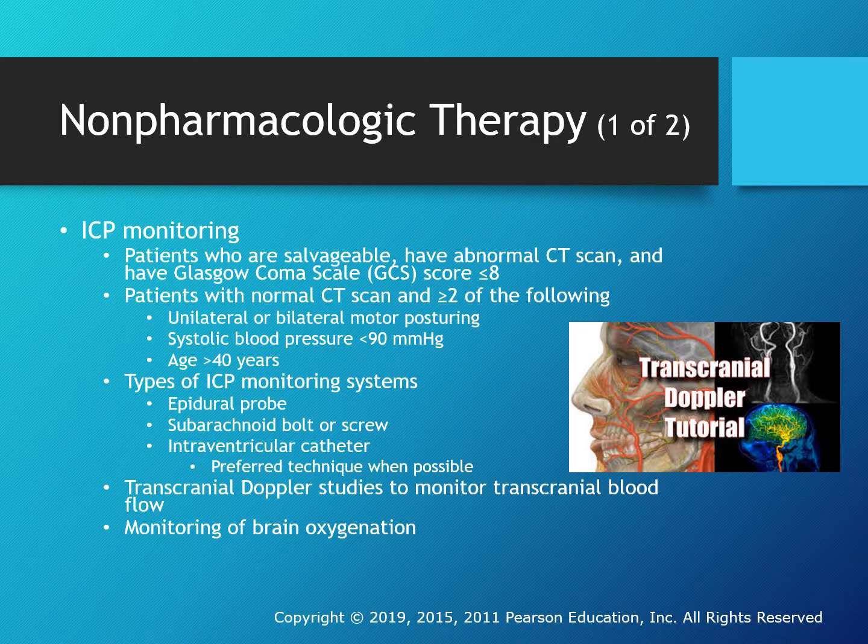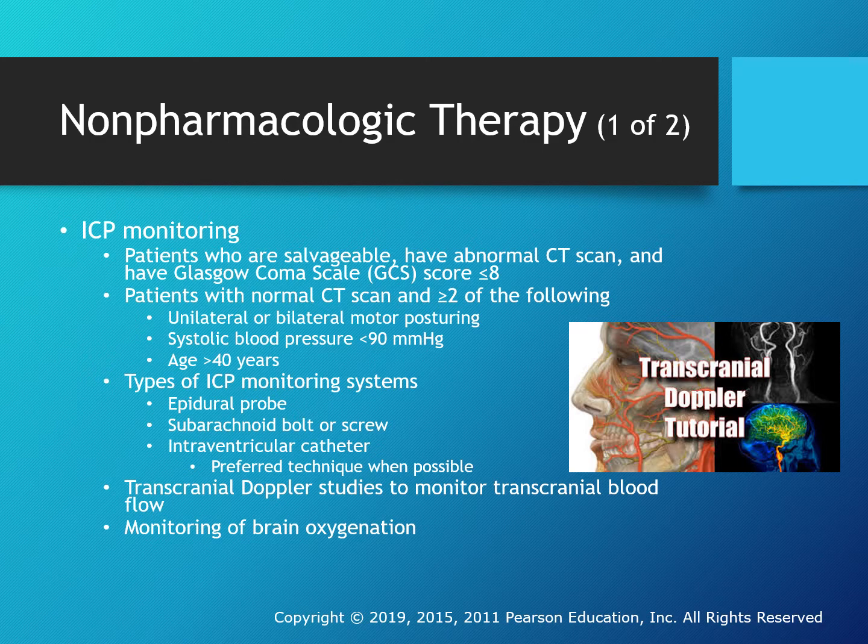The criteria for ICP monitoring depend on the patient's condition, but in general, patients whose condition is salvageable, who present with an abnormal CT scan and have a Glasgow Coma Scale of 8 or lower should be monitored.